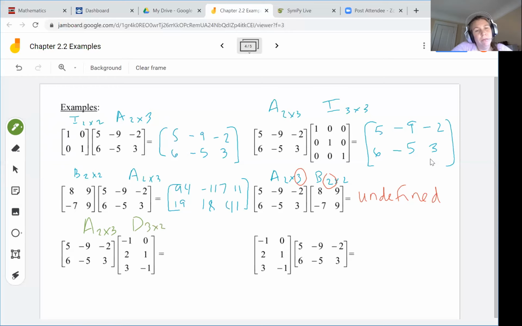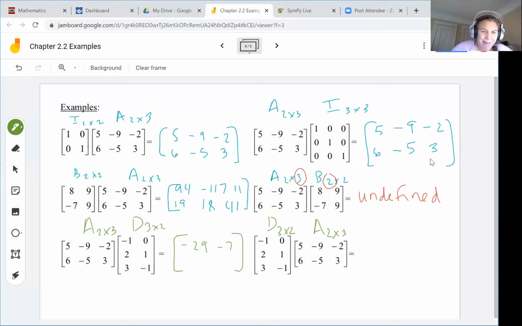So we are going to be able to multiply A times D and D times A over here in the second example, but we're going to see the results are not the same, showing us that multiplication of matrices is not commutative when we multiply in opposite orders. So you can double check my calculations here. A times D gives us a 2 by 2 matrix with the top row that is negative 29 and negative 7.